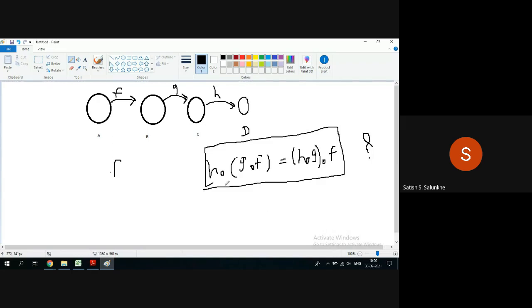How to interpret this H composition G composition F? First, X is mapped to F of X, then G of F of X, and this is basically H of G of F of X.